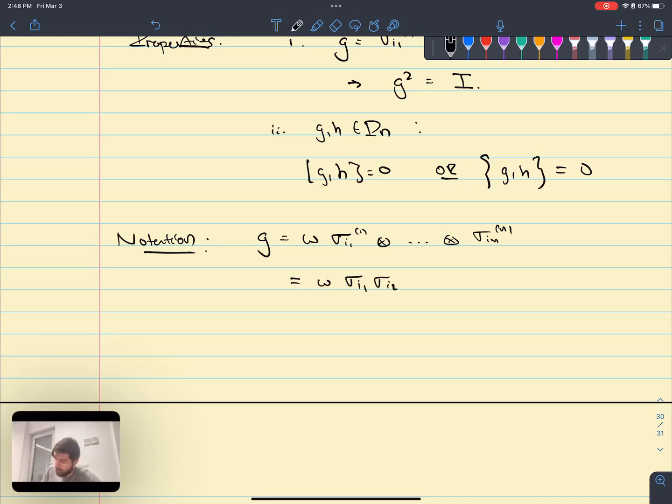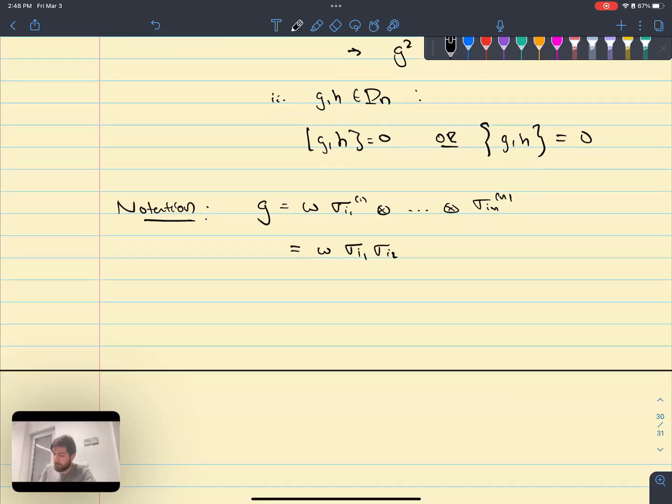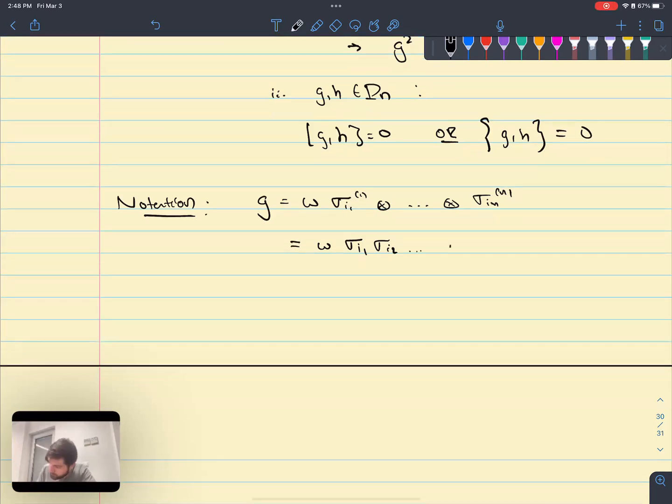It should be obvious what's what. Actually, the ordering doesn't matter because they're acting on different tensor factors. The labeling of the operators will help you know which part of the Hilbert space it's acting on. So I'll give an example.